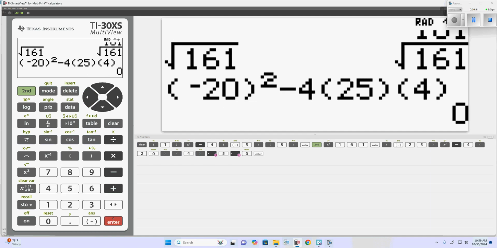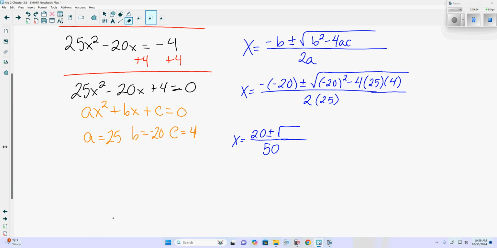Negative 20 squared is 400. 4 times 25 is 100, times 4 is 400. And when we subtract those two, we do indeed get 0.